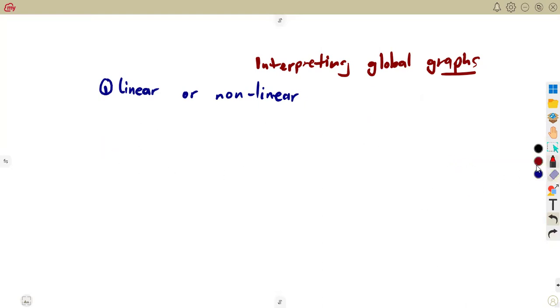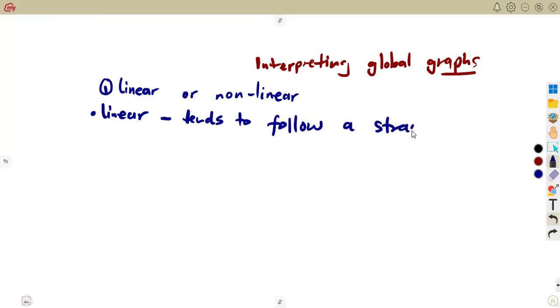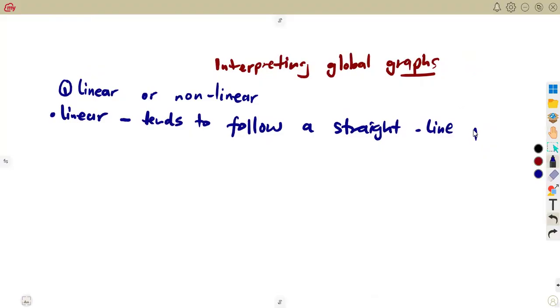All right. So let me just write this part that I was explaining. The linear. Starting with the linear function, or the linear graph, these ones tend to follow a straight line. So when you are drawing this, it is going to follow a straight line, which simply means a straight line pattern in terms of the presentation of the numbers that you are having.